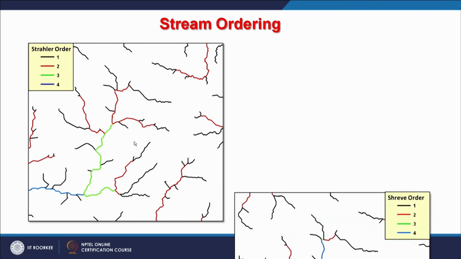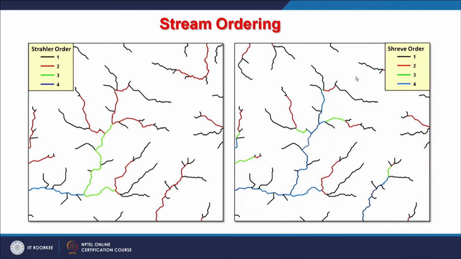If it is subjected to the Shreve order, then this is how it looks. Though the overall drainage network is the same, when we apply two different stream ordering schemes, we get slightly different results. So depending on your requirements, one can choose any one of these ordering schemes.